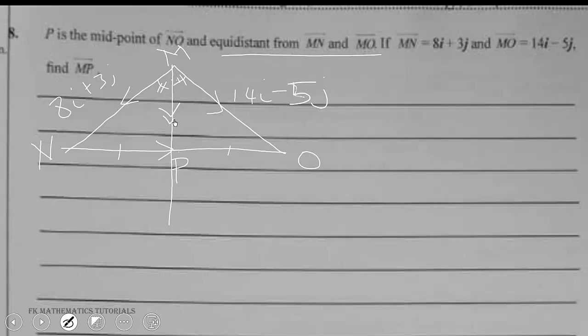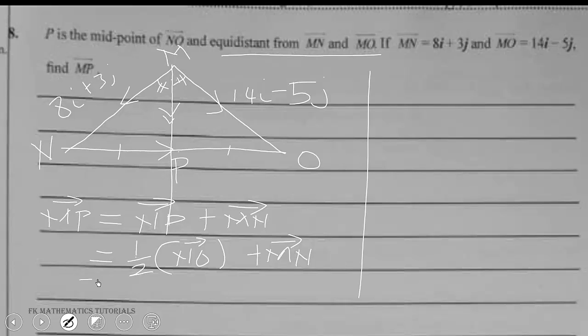So vector MP is equal to vector NP plus vector MN. Vector NP is half of vector NO, plus vector MN.